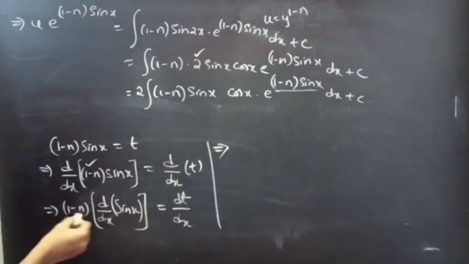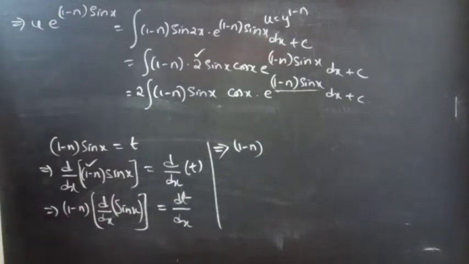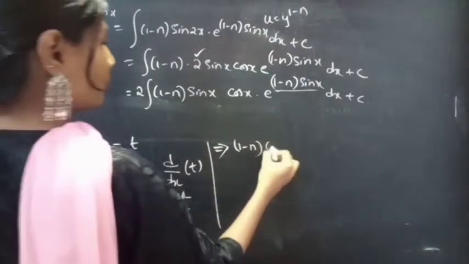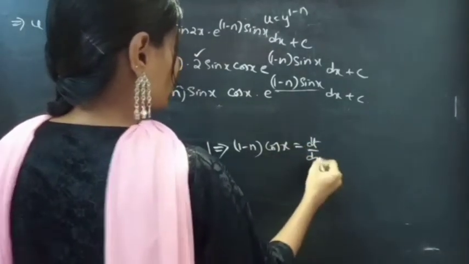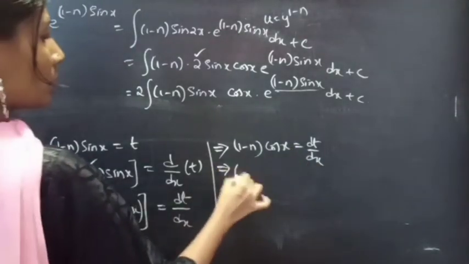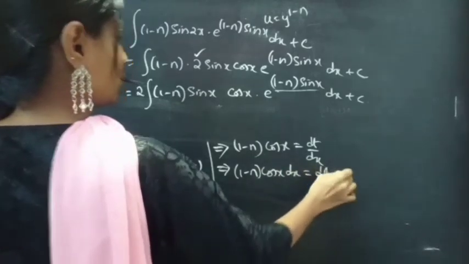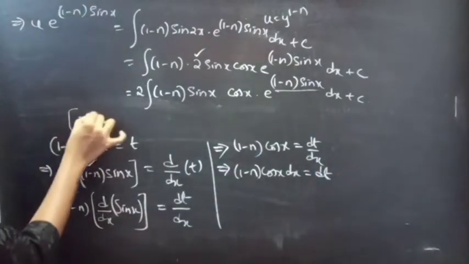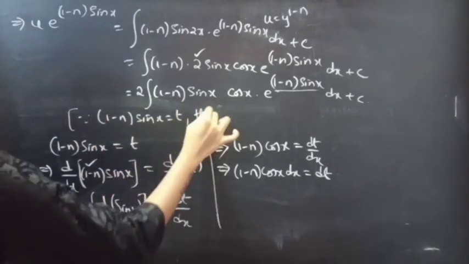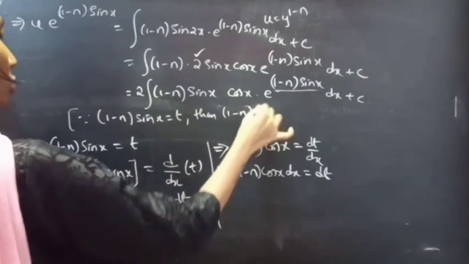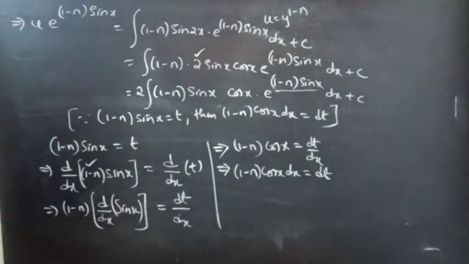From this we'll get (1 − n) times the derivative of sin x, which is cos x, equals dt/dx. Now bring this dx to the LHS, and you'll get (1 − n) cos x dx = dt. Right? Since (1 − n) sin x = t, then (1 − n) cos x dx = dt.